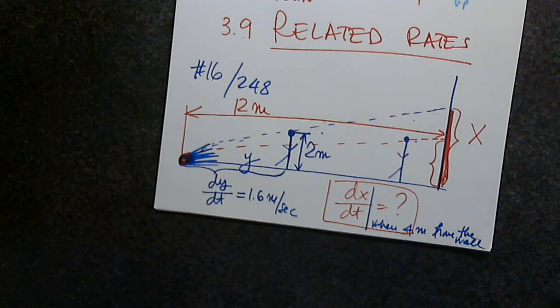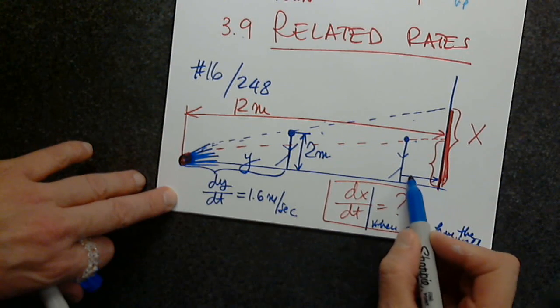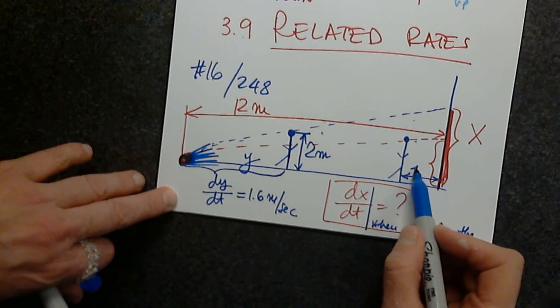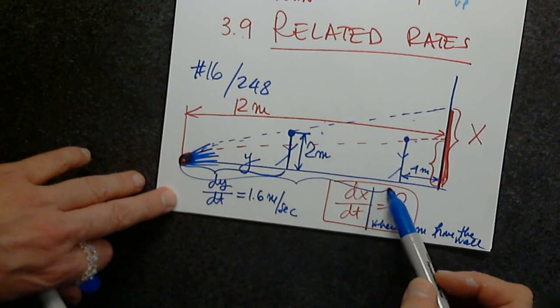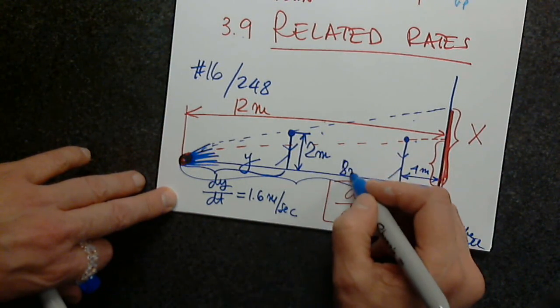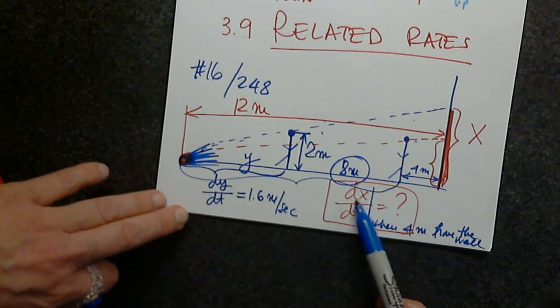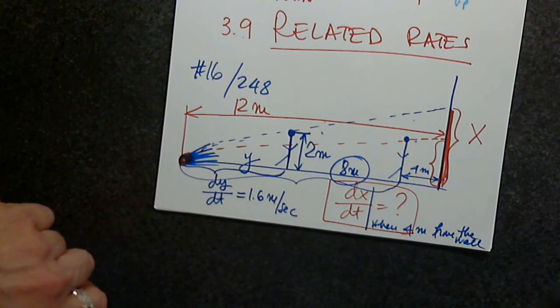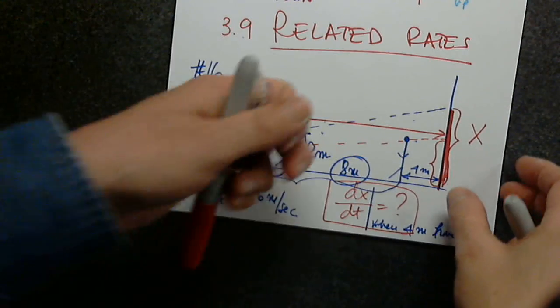Great job. How fast is the length of the shadow of the building decreasing when he is 4 meters from the building? If this is 4 meters, how many meters did he walk? 8. Yes, thank you. 8 meters. So I'm really asked to evaluate dx over dt exactly for when x is 8.